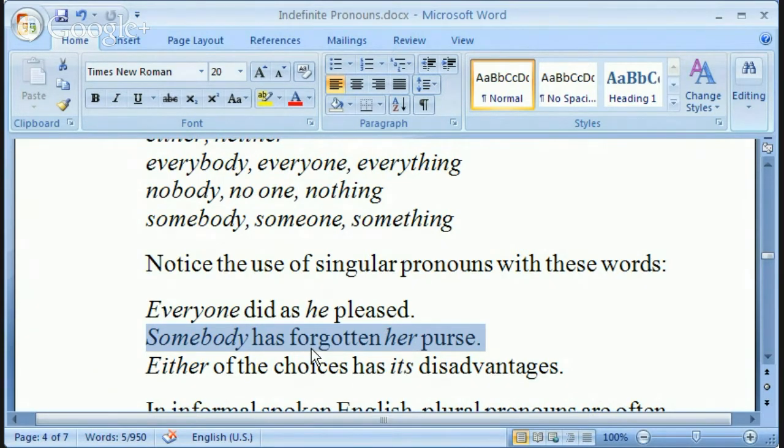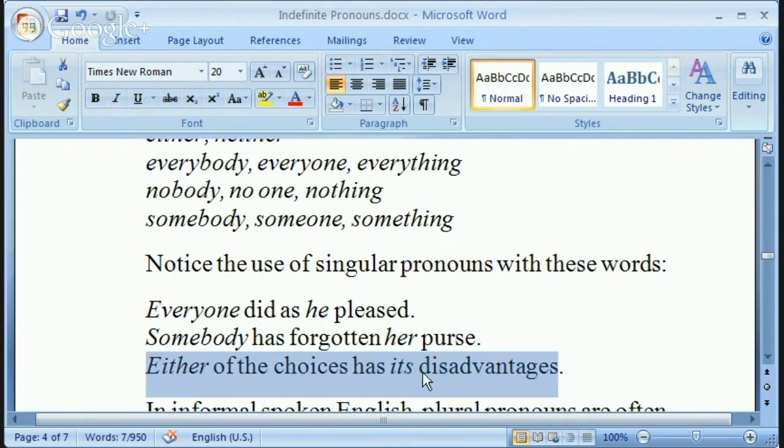Well, not definitely, but probably, because she has a purse. Or maybe it's obvious that it's an it. Either of the choices has its advantages. All right, it's obviously an it. It's a choice.